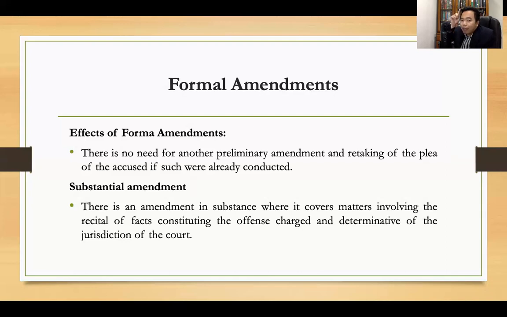If you have amended the complaint or information to change it into unjust vexation, then it will change the jurisdiction from the RTC, because unjust vexation, class, can only be filed before the municipal trial court or the first level courts. And therefore, since the amendment will bring changes as to the jurisdiction of the court, then such amendment will be considered a substantial one.